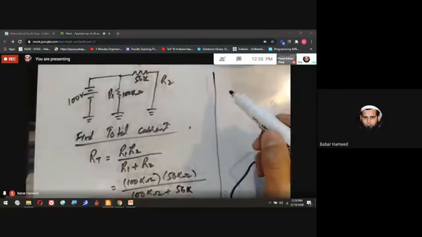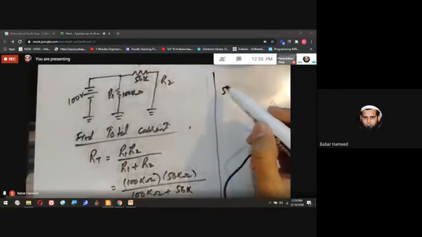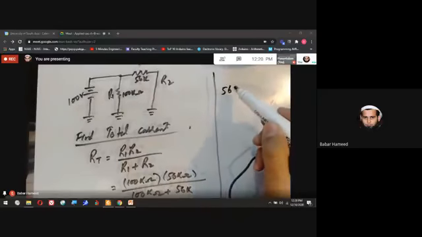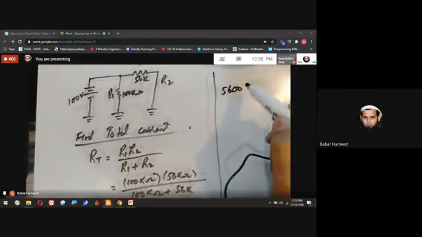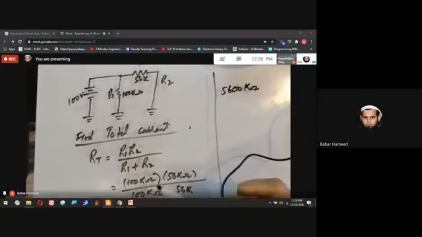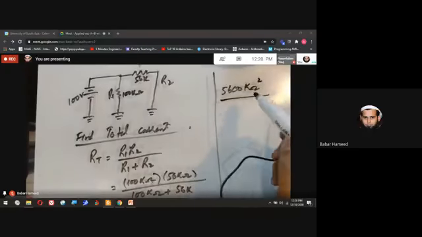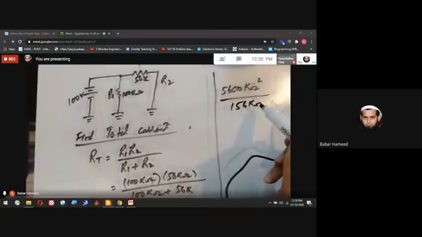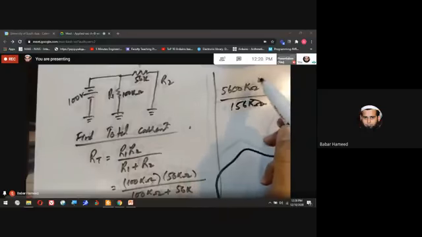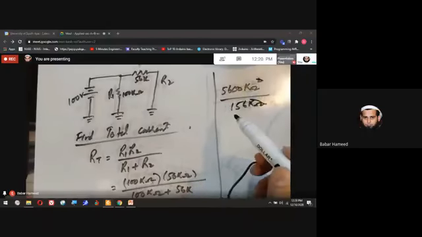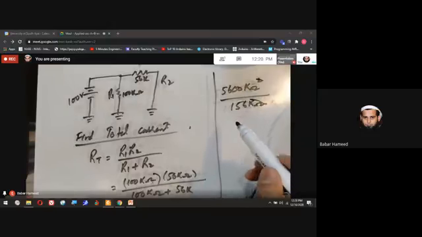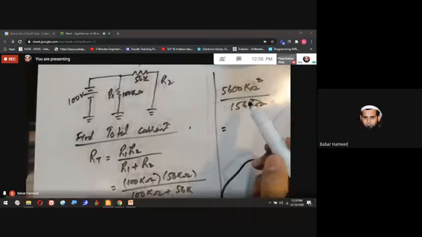Now, a simple formula: 5600 kilo ohm. Kilo ohm and kilo ohm being squared and 156 kilo ohm, one quantity will be cut out, and we will be left with 5600 over 156.